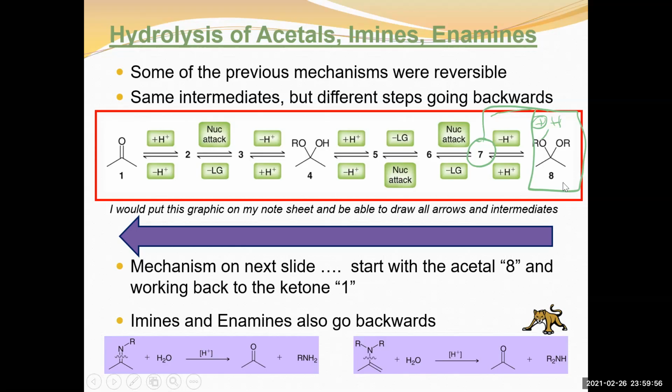So we would need to have loss of a leaving group in order to get us to molecule 6. And then from molecule 6, we would do a nucleophilic attack, come back to molecule 5, do another proton transfer, and we get back to the hemiacetal.